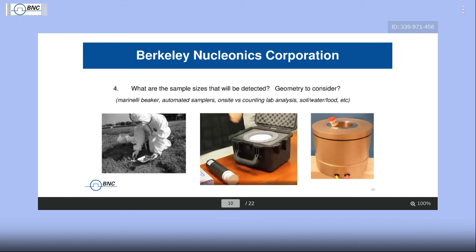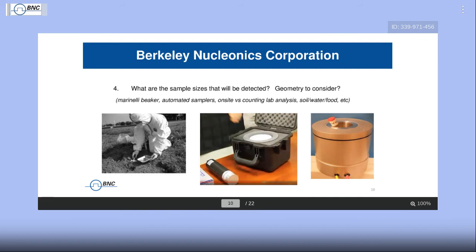For the food, once it is collected, you may want to put it inside a lead shield. The idea is you want to expose as much of the scintillator to the material that you're trying to measure. By the same token, on the far right, we show what's called a well detector.